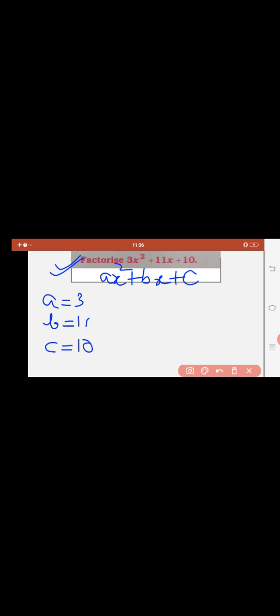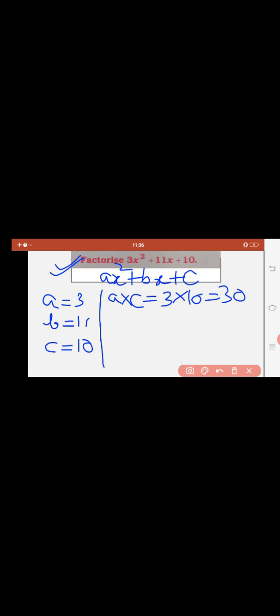Now first we have to write the values of a, b and c by comparing. Now the next is we have to take a into c. What was a? 3. What is c? 10. That is 30.